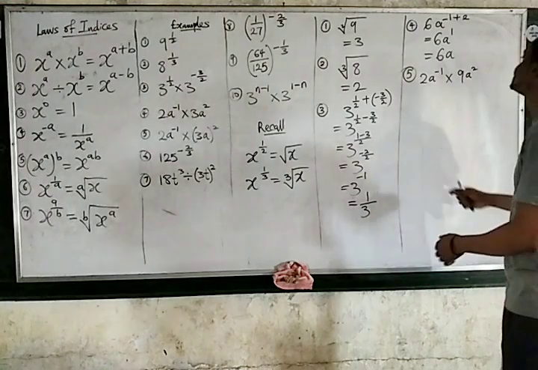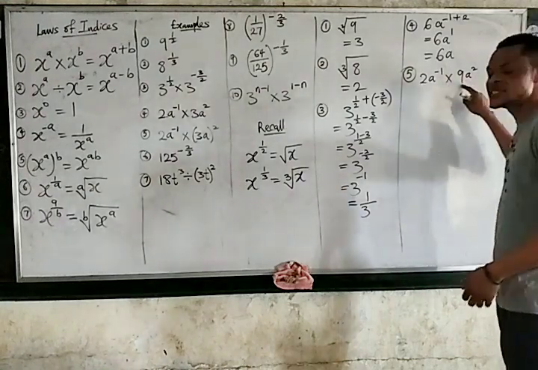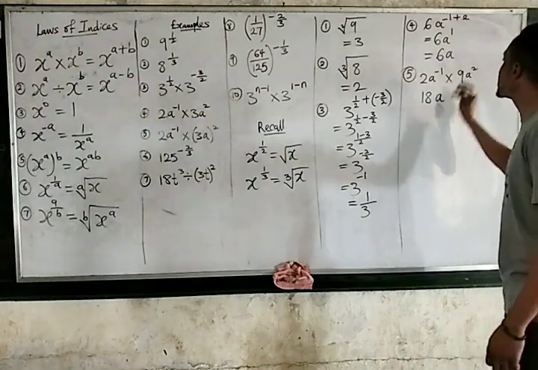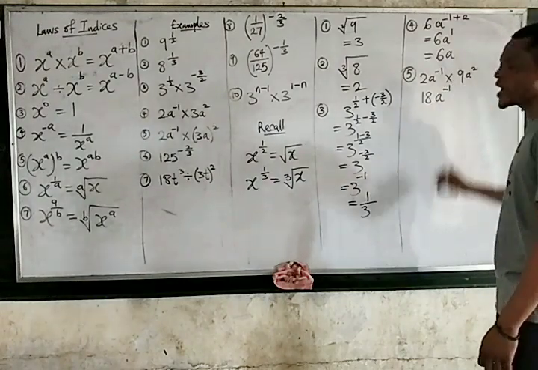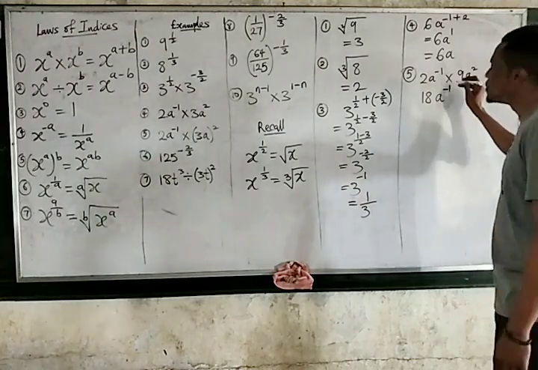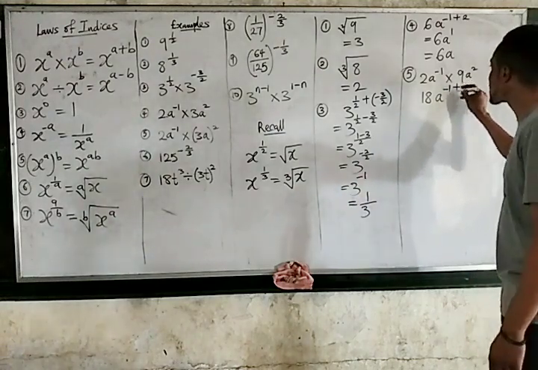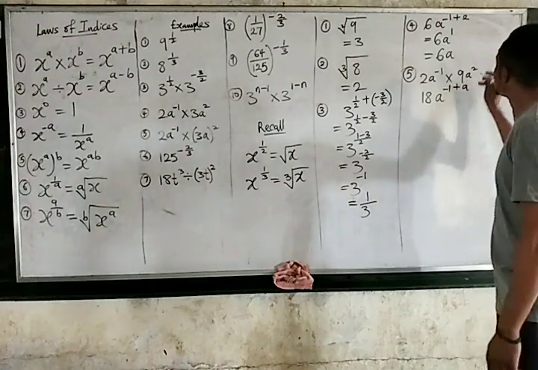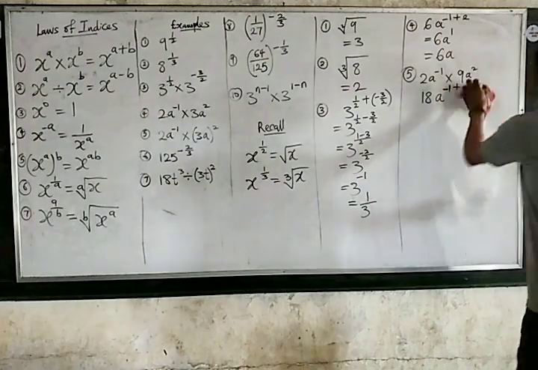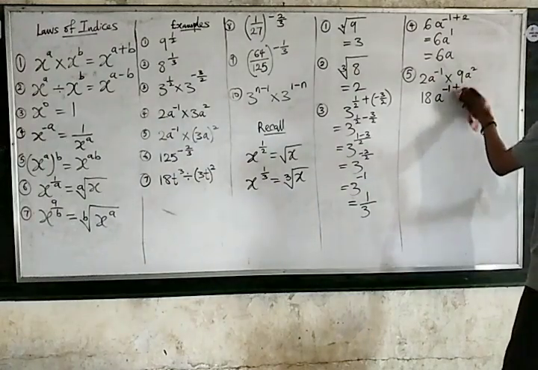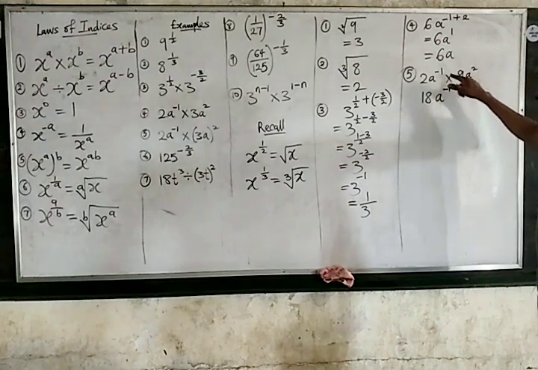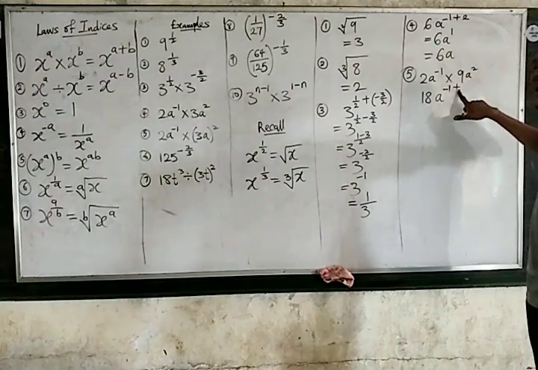Now from here, 2 times 9 will give us 18. Then we have our a raised to the power of minus 1. Then we have the multiplication sign, which becomes addition.